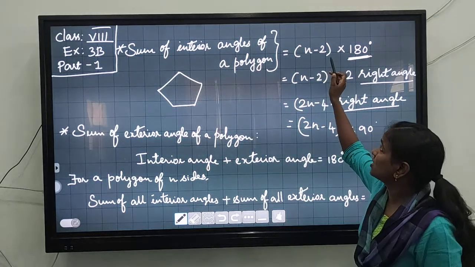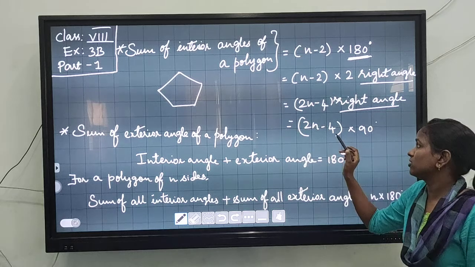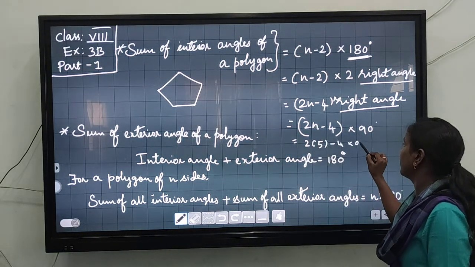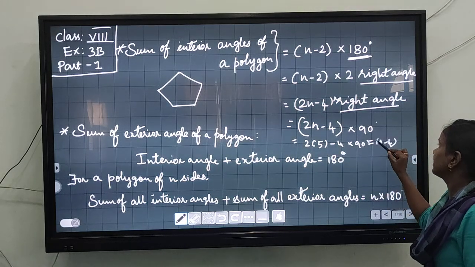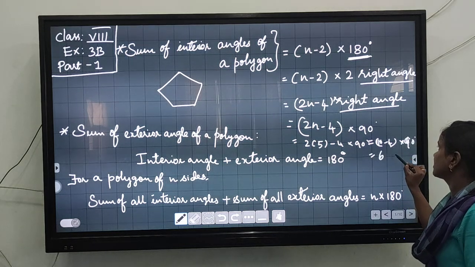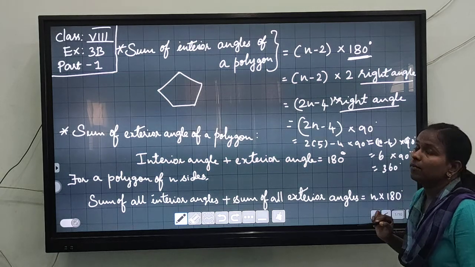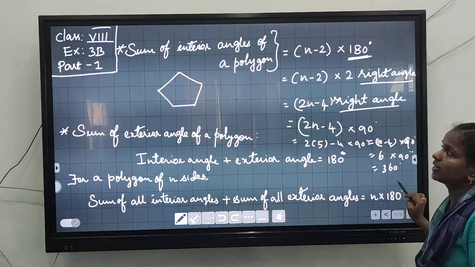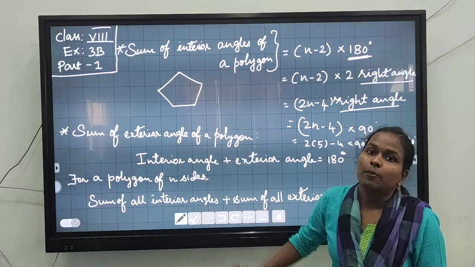So you can apply this formula: 2 multiplied by (5 minus 4)... that is, (2 multiplied by 5 minus 4) multiplied by 90 degrees. 2 fives are 10, 10 minus 4 you will get 6. 6 multiplied by 90 degrees is 360 degrees. So the sum of interior angles of this polygon is how many degrees? 360 degrees. Instead of using this formula, we can split this pentagon into triangles.